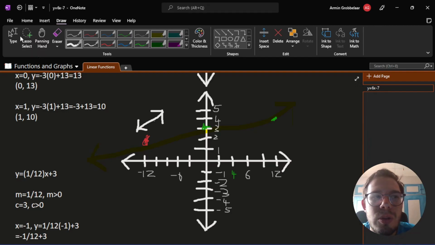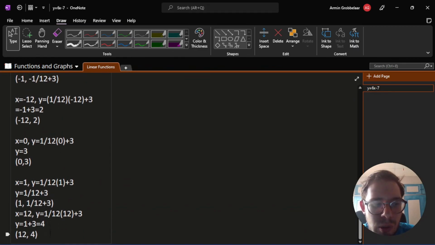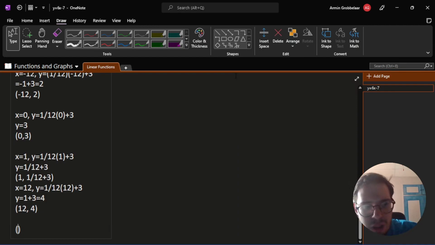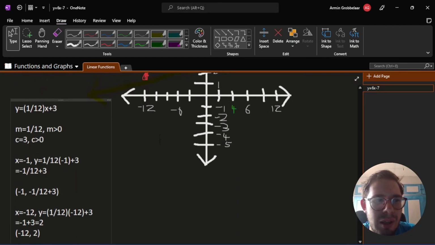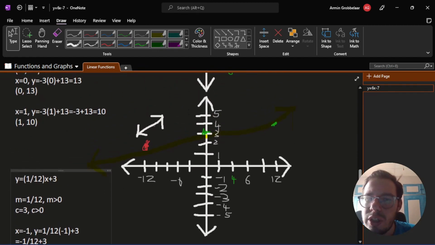And if you also look clearly, you can see that if we set x equal to 0, the point will always be 0, c. So you see here that c is equal to 3, and the point on the y-axis where the linear function cuts the y-axis is the point 0, 3.